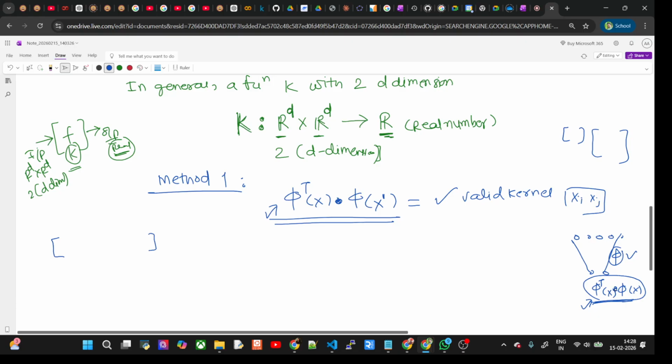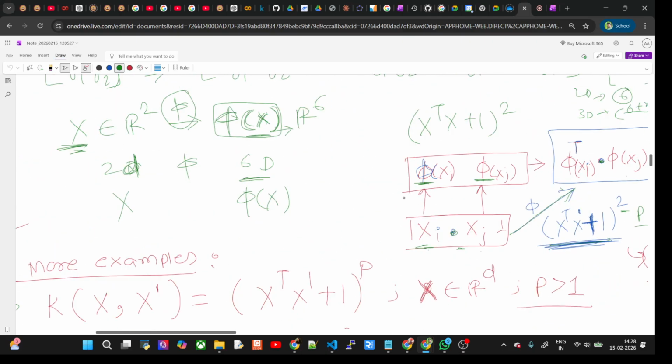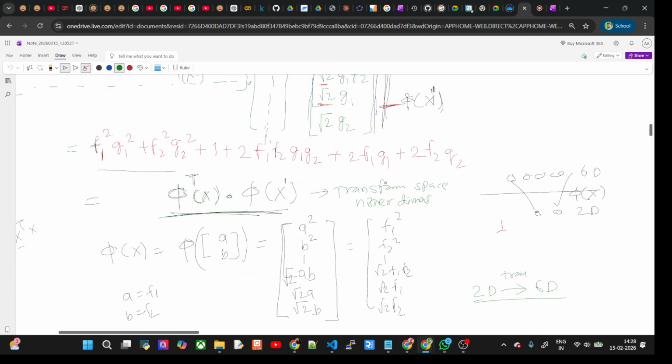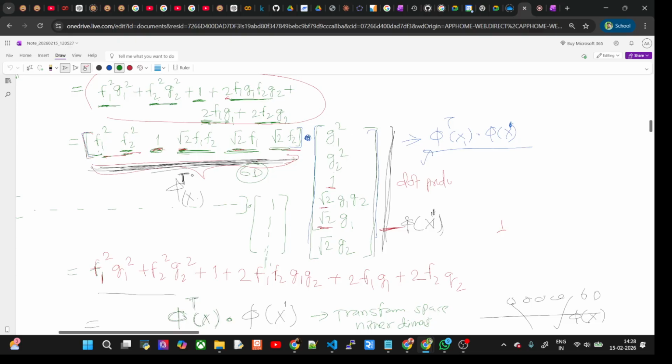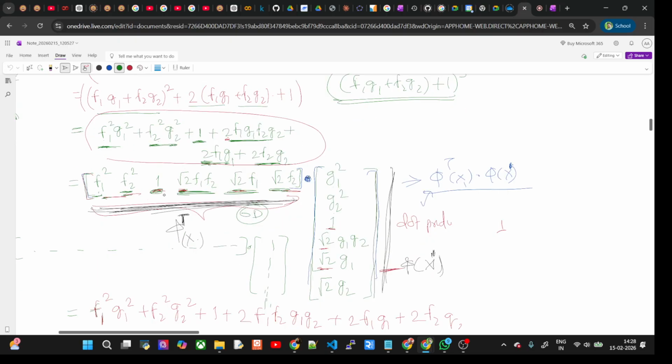In the earlier example that we have seen, f1 f2 f3, you just did the square of this, and then you got phi of x transpose into phi of x prime.